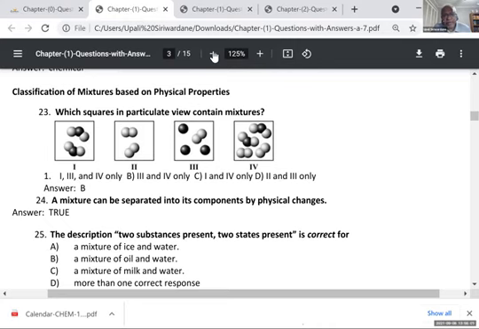The third is a mixture of two different elements. Now the fourth box also has a mixture of an element and a compound. So the answer for mixture is 3 and 4. 3 and 4 is B.